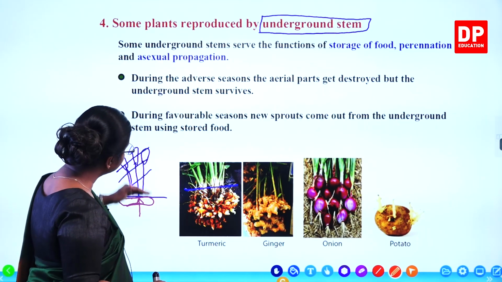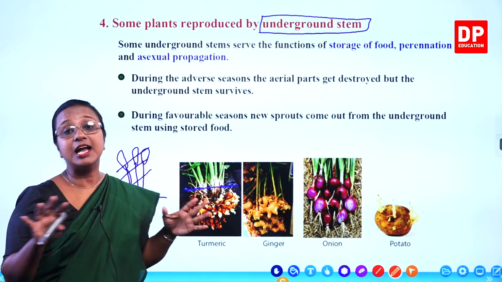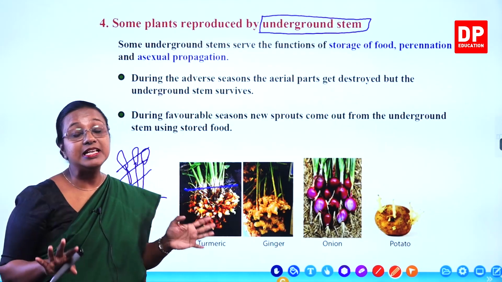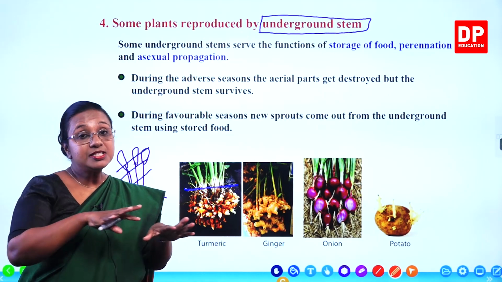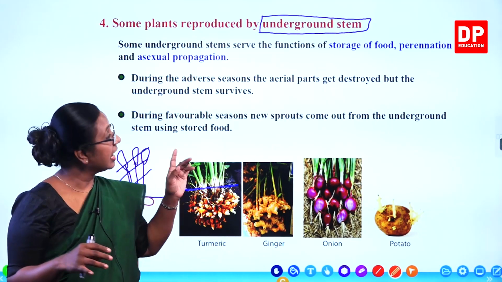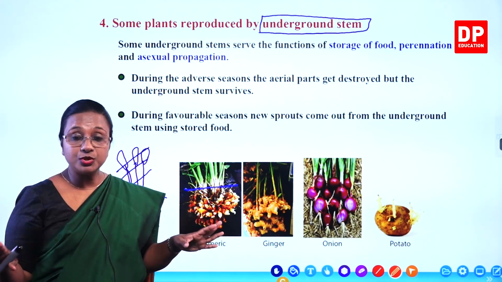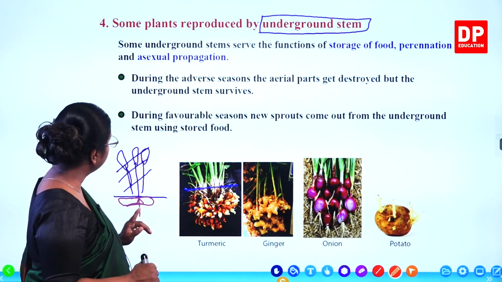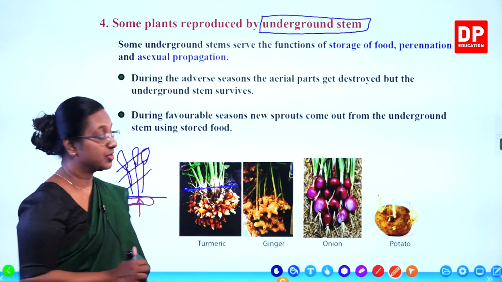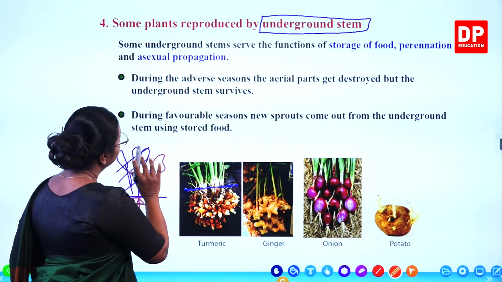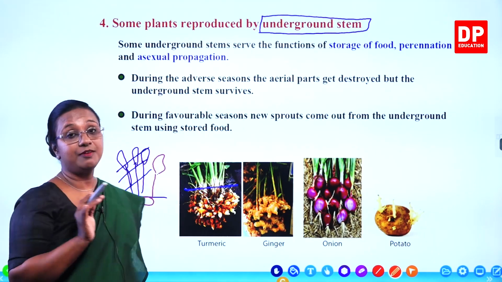All the parts above the soil are destroyed, and only the underground stem is inside the soil, so it's protected. That is perennation. And when the conditions become suitable for growth, they produce a new plant. So that does all three functions.